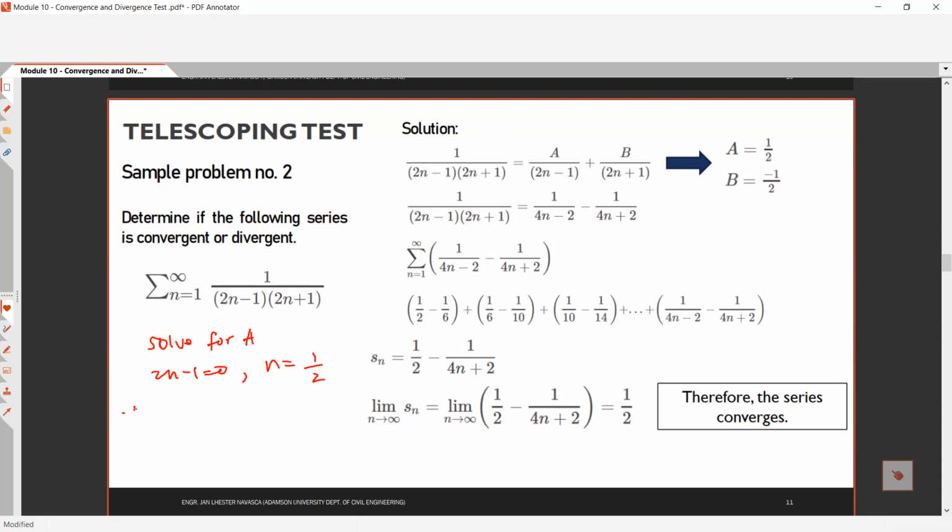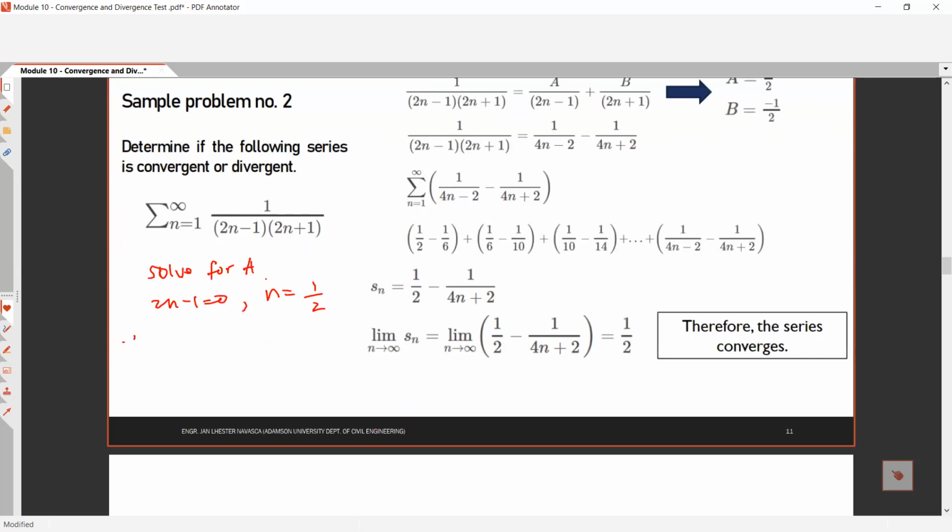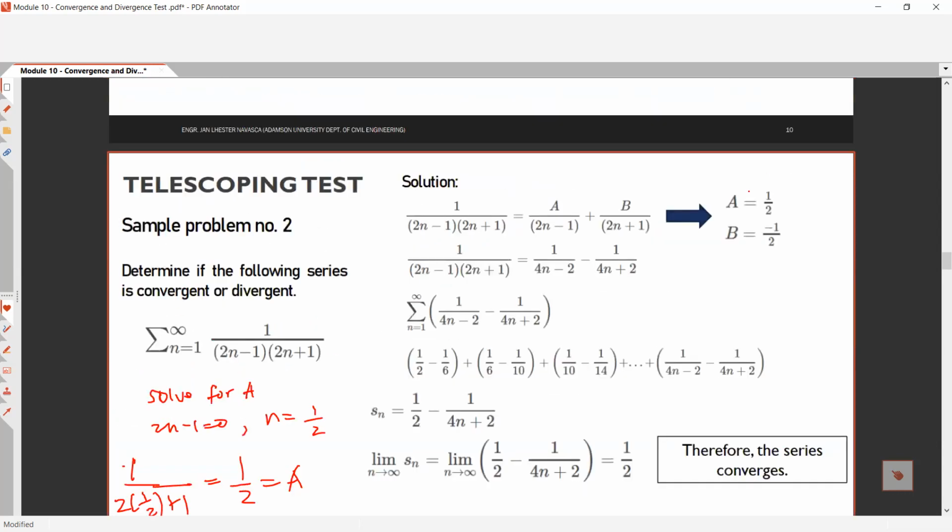So 1 over, makakancel yung 2n minus 1. Ang gagamitin natin is 2n plus 1, that is 2 times 1/2 plus 1. So 2 times 1/2 is 1, plus 1, that is 2. So therefore that is 1/2. A is equal to 1/2.